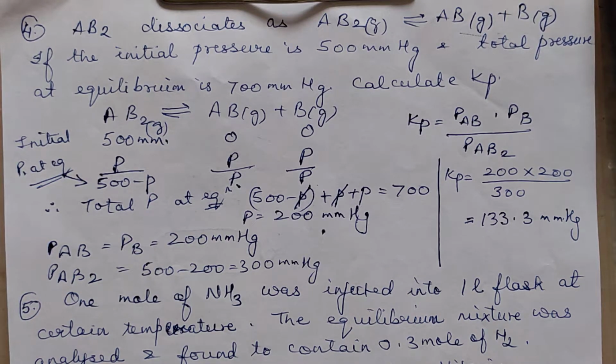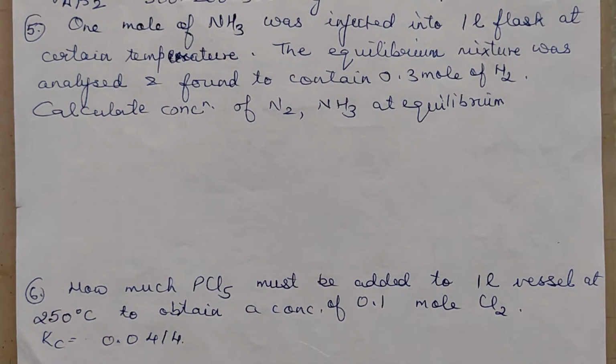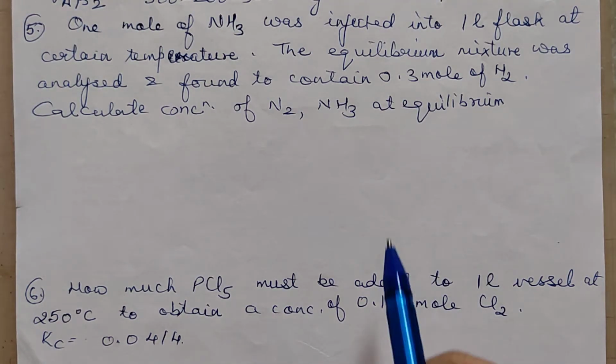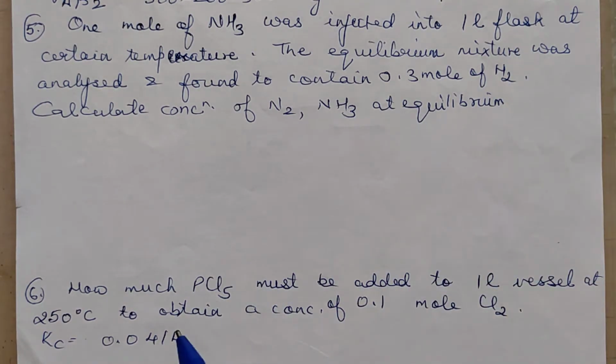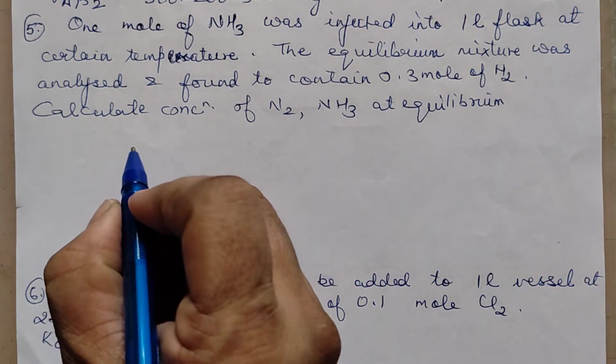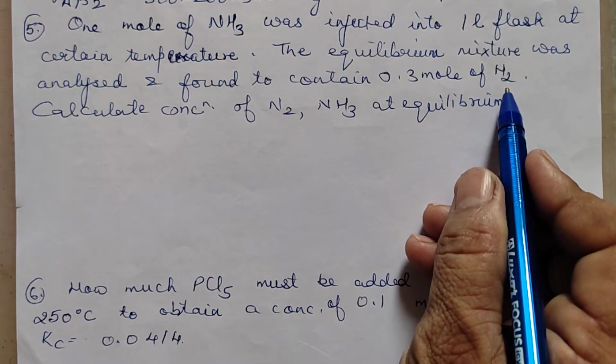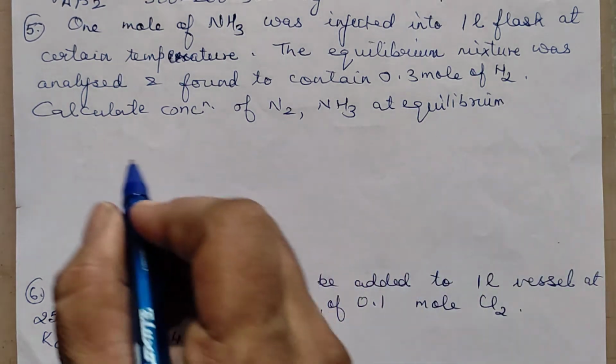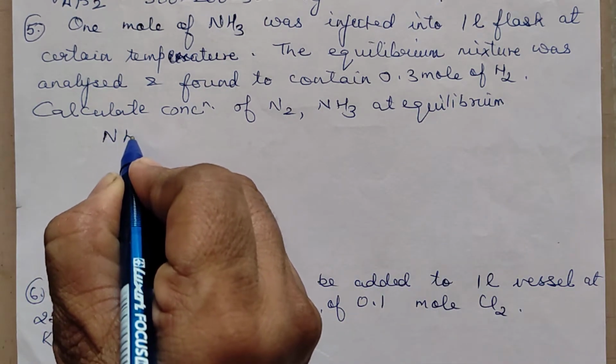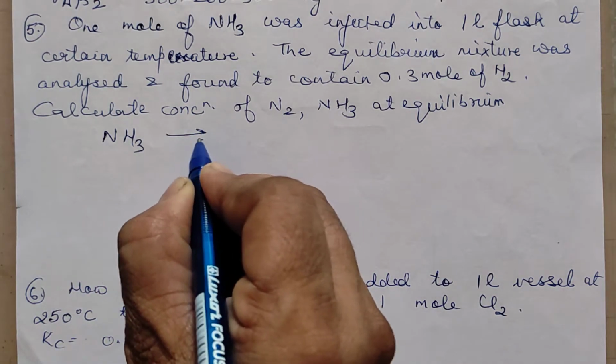Yeah. Now moving on to the next question. It says that 1 mole of ammonia is injected in 1 liter flask at some temperature, and the equilibrium mixture was analyzed, it is found to have this much mole of H2. Means they are talking about ammonia decomposition.